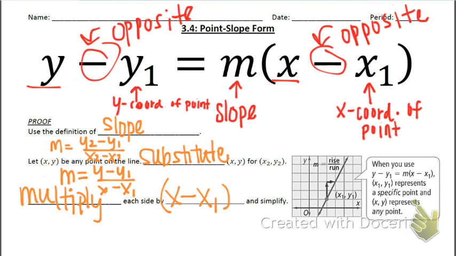Make sure you put it in parentheses. So watch what happens. If I have m equals y minus y1 over x minus x1, to get x minus x1 out of the denominator, I multiply by x minus x1. And whatever I do to one side, I have to do to the other.